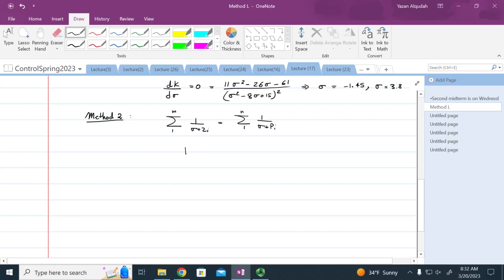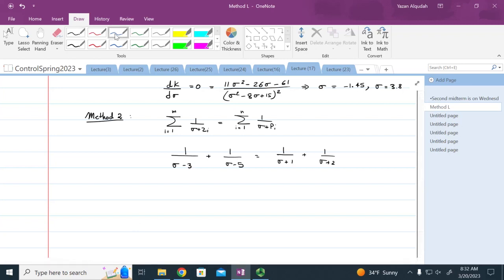And here, we're going to take 1 over sigma minus 3 plus 1 over sigma minus 5. And this is going to equal 1 over sigma plus 1 plus 1 over sigma plus 2.